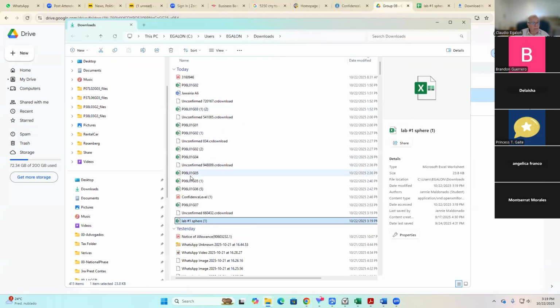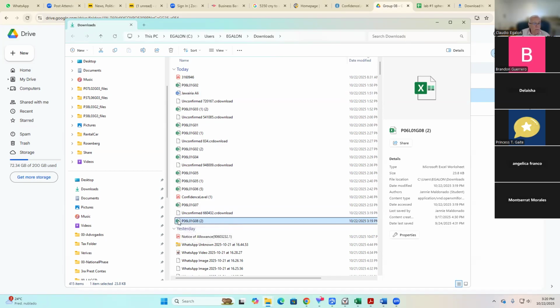Group number 8, don't forget to label the spreadsheet properly: P06L01G08.